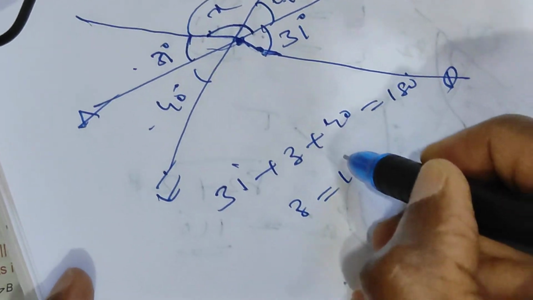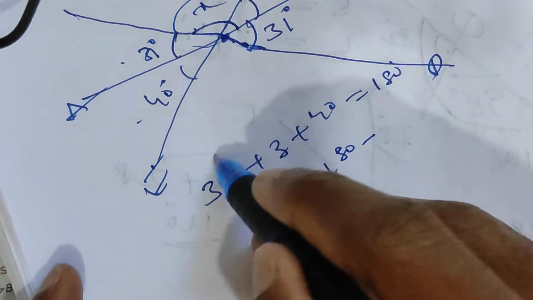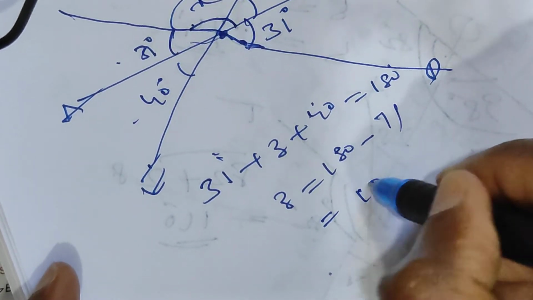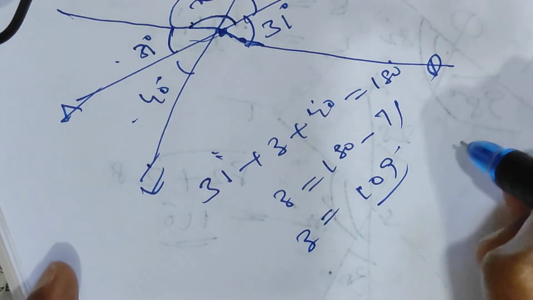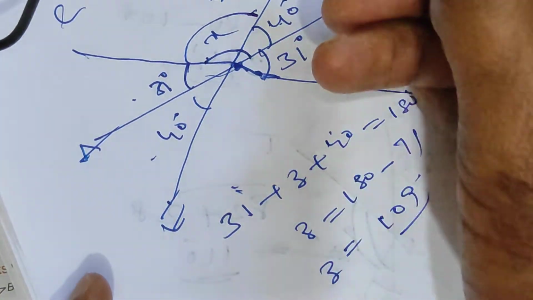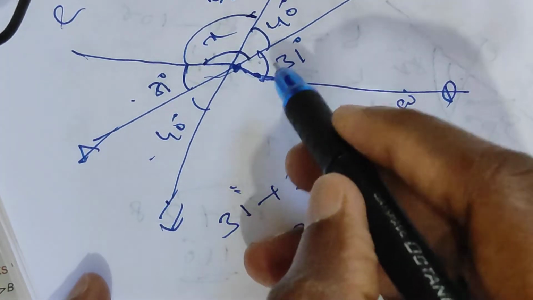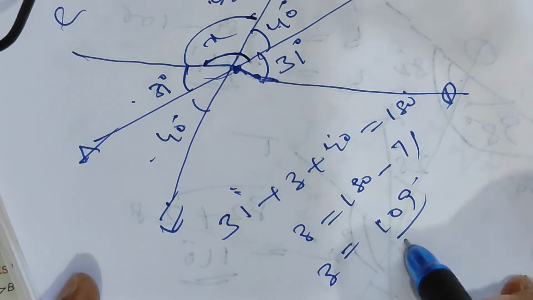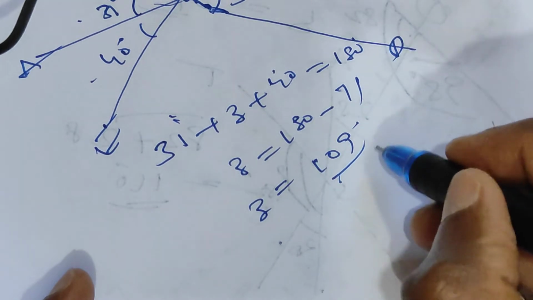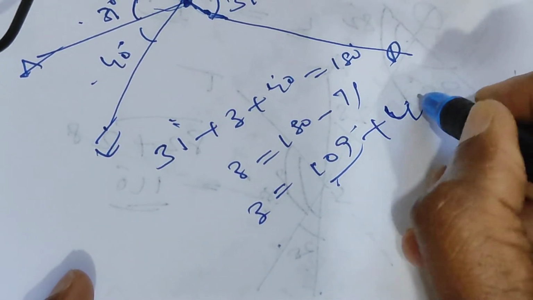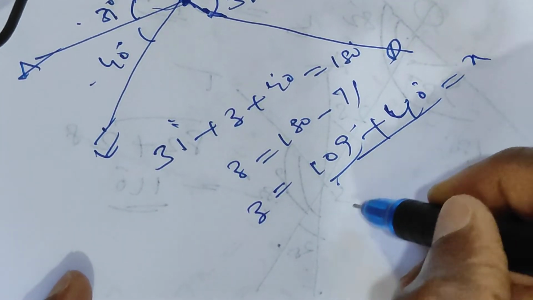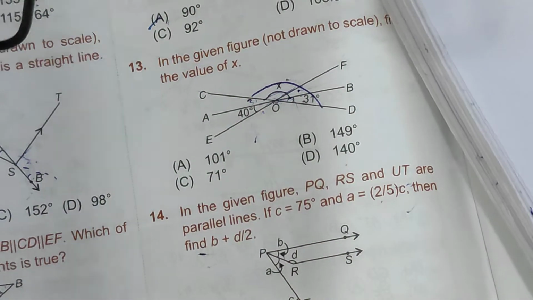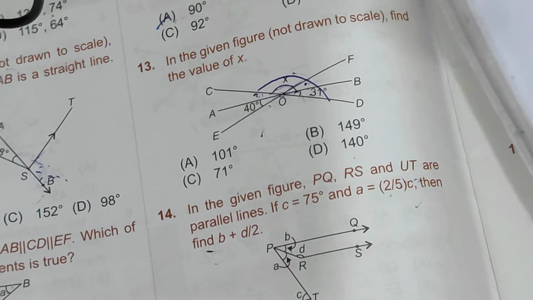Z is equal to 180 minus 71, which is 109 degrees. So this angle is 109 degrees. Then the value of X, from here to here, is 109 plus 40, which is equal to 149 degrees. The answer is B.